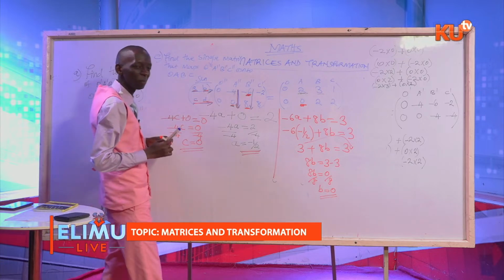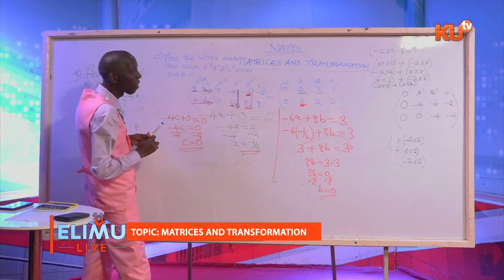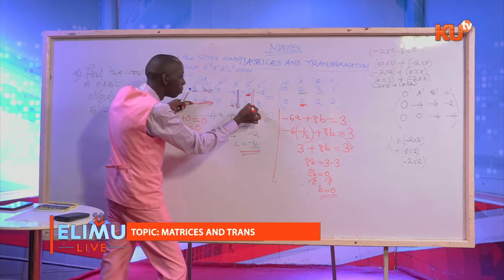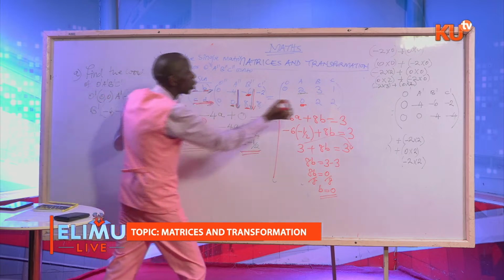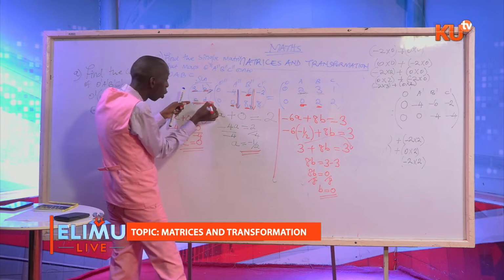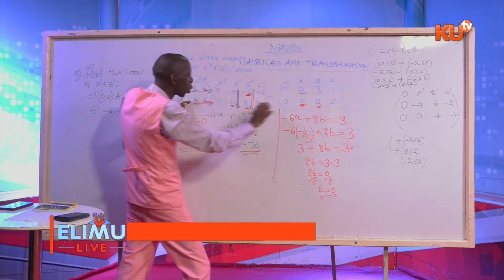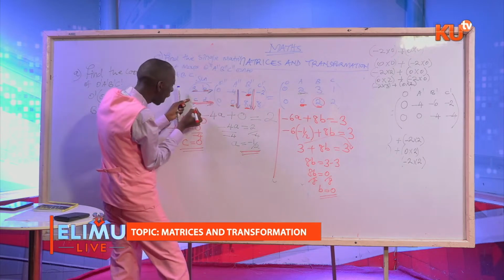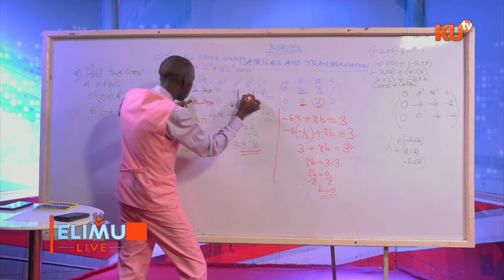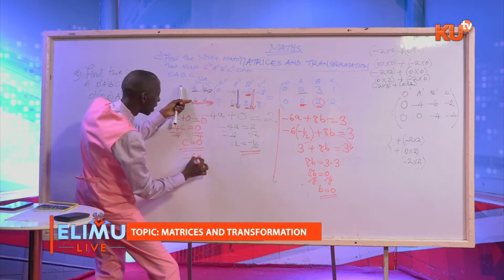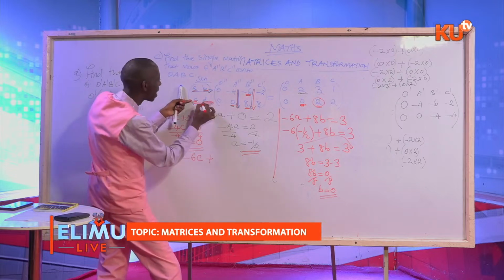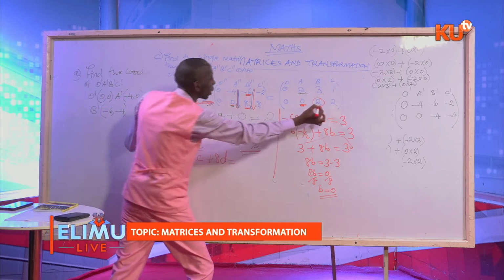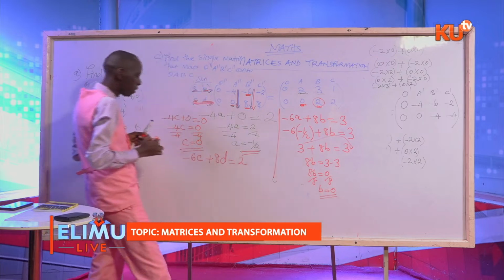Now, my dear students, we go and get the D. Second row, third column should give us 2. This is the second row in the third column, this value. C times negative 6, which is negative 6C, plus D times 8, which is 8D, should give us 2.